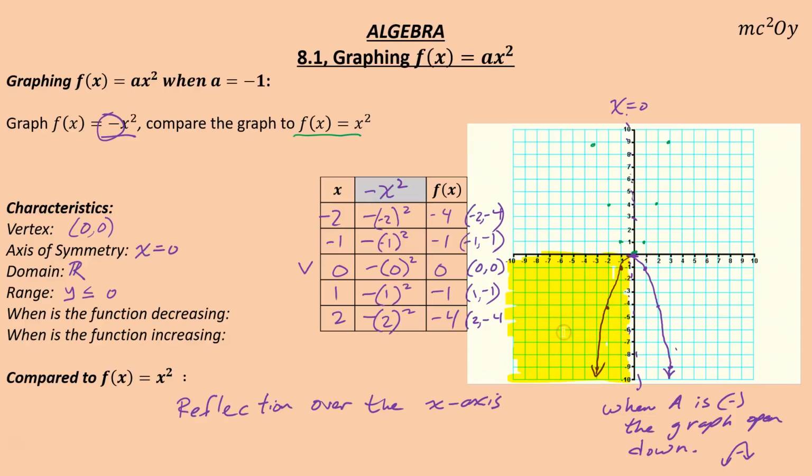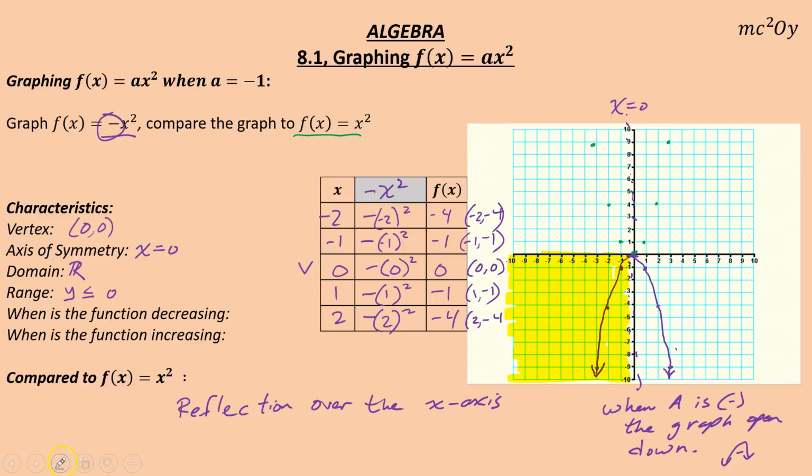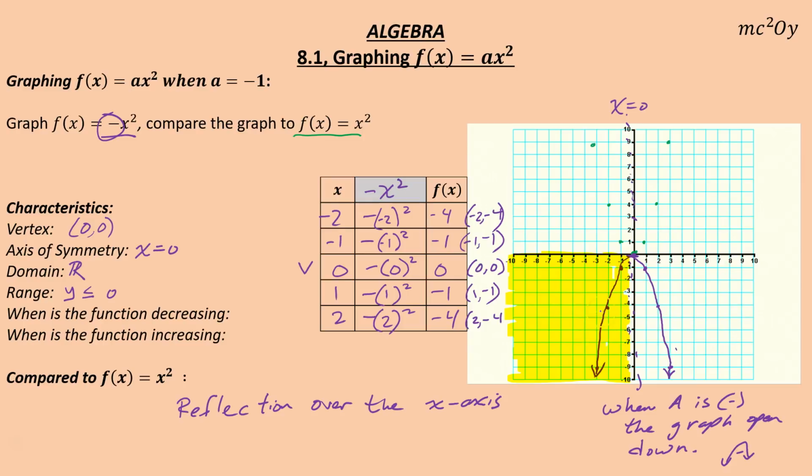Okay? And so over here, if I was on this graph, I'd be moving up the graph, right? I'd be increasing. I'd be going uphill. So my function is increasing until x is at 0.